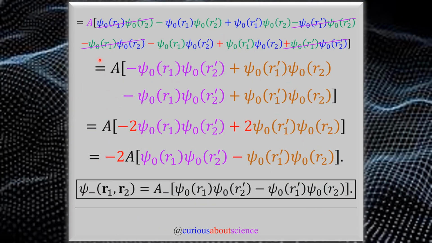Okay, so after combining all the normalization factors into one big A, whatever you want to call it, we see that after distribution, we get a whole collection of the psi naughts with the respective r's as their arguments.